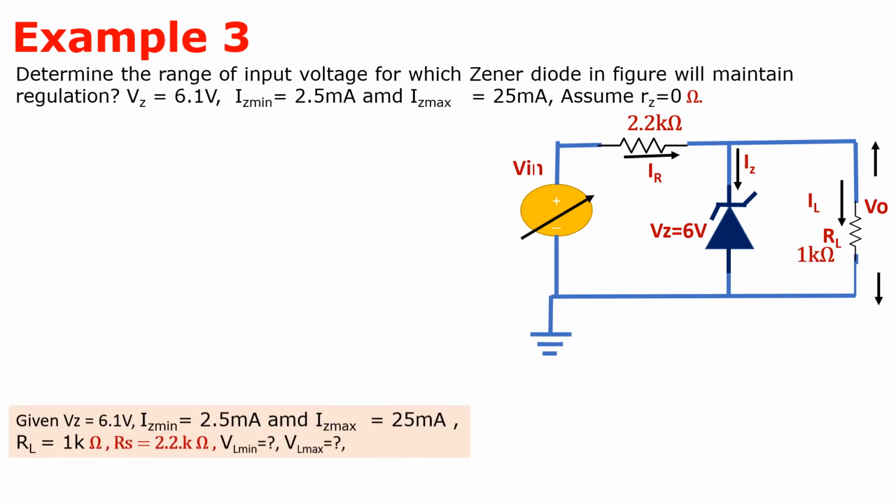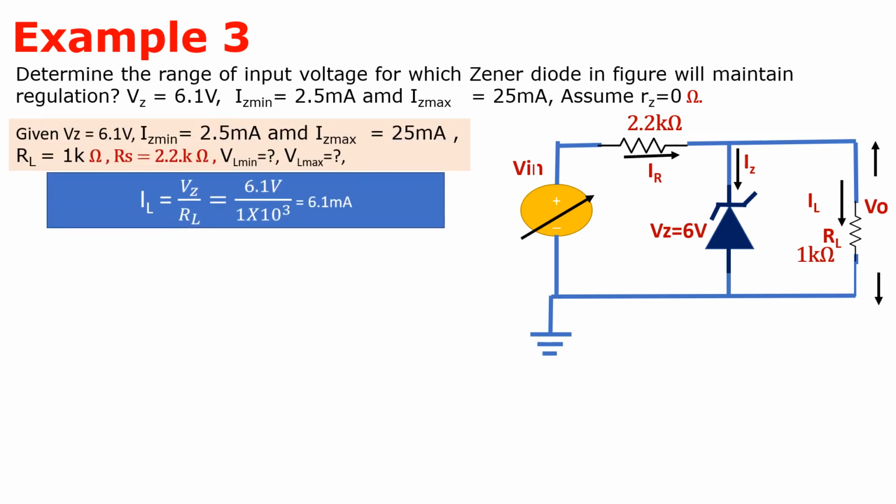So first we will list the given parameters here. Our requirement is to calculate the minimum and maximum input voltage. For this case we will consider the constant load current, which is Vz upon RL. Because my RL is fixed and Vz is fixed, it will give a fixed load current of 6.1 milliamps.